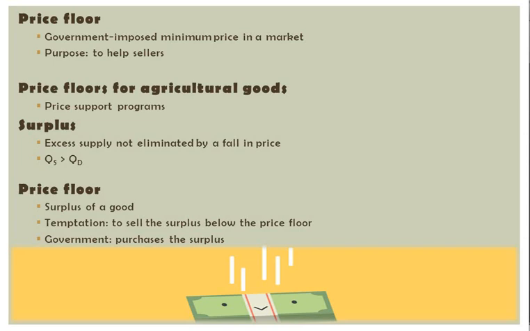Bakit nga po? Kasi nga po, para po yung ating inventory or yung ating pong stocks ay maging pera at hindi lang po siya nakastock sa ating mga warehouses or let's say nakastock sa mga bodega. So the government purchase the surplus.